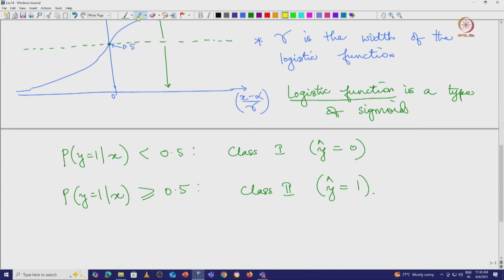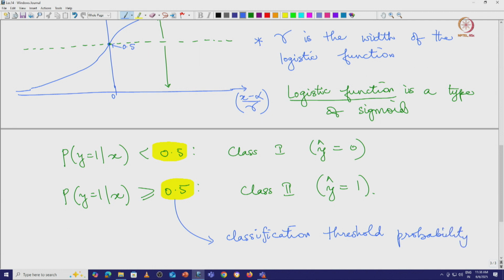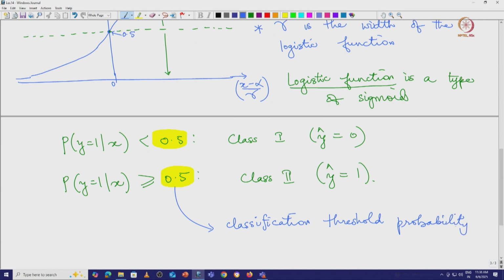And this value of 0.5 here is in some sense tunable. So, this is called the classification threshold, and we will look at it again later, and I am going to denote it as P star here.